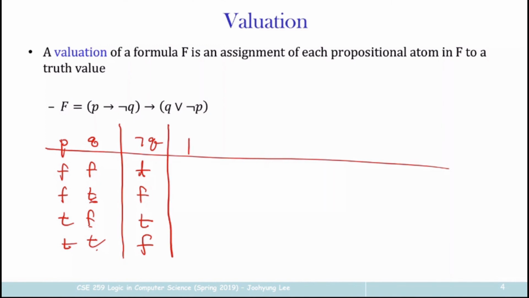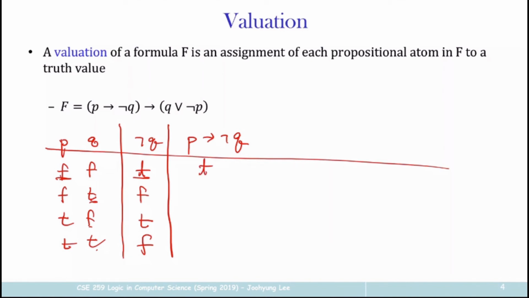Then you also build up another one, P implies not Q. So let's do this together. P implies not Q. You look at this case, false implies true. Is it true or false? Somebody said false, it's not that. So this is actually true.